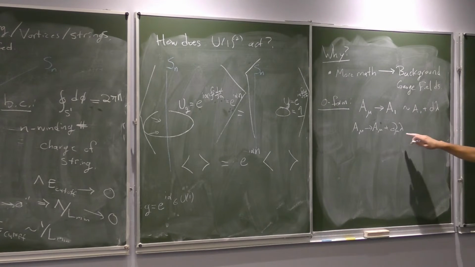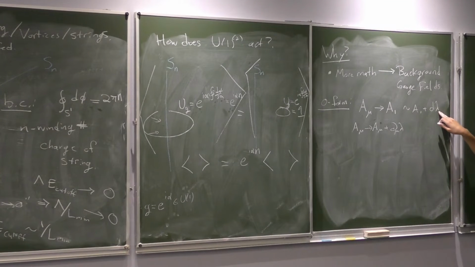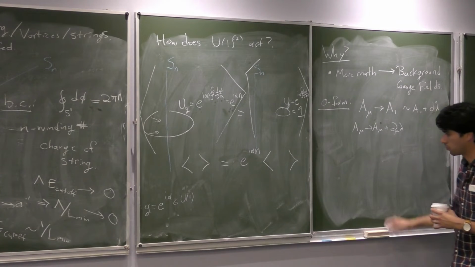Again, lambda is just a function valued in the Lie algebra, and d is just the exterior derivative. This is also important: the exterior derivative of a function is the same thing as the partial derivative. That's always a very nice thing to keep in mind.